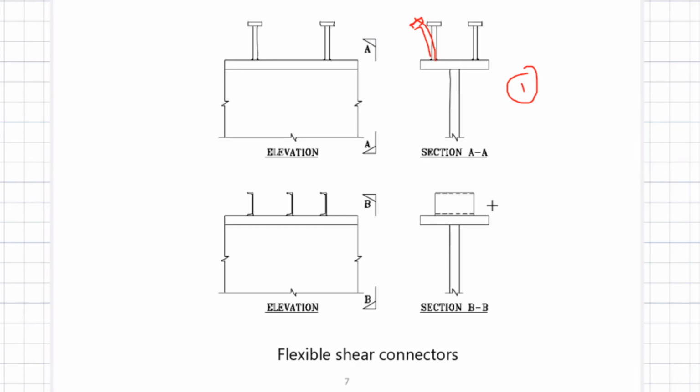The reason is very simple. You can see in this particular case, I am putting the channel shear connectors this way, but in the earlier case, I had put the shear connectors this way on the interface. Let me show the interface surface. Here I have put the channel in the vertical direction, and the earlier one I showed the channel put in this way.